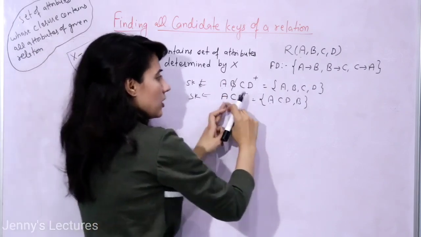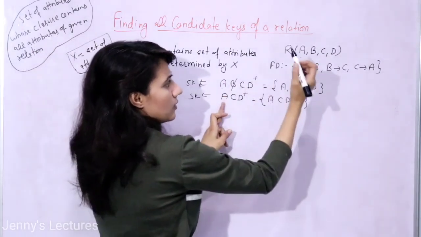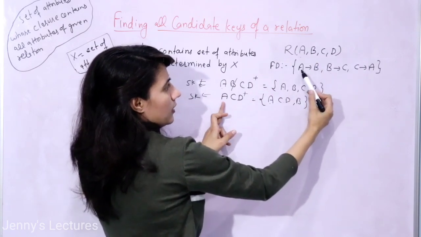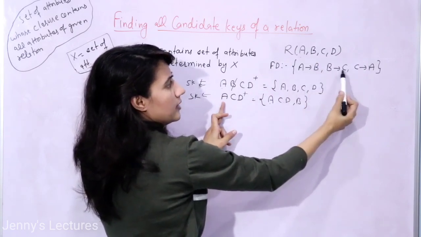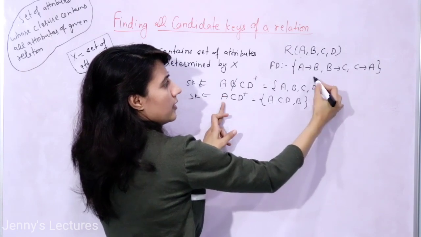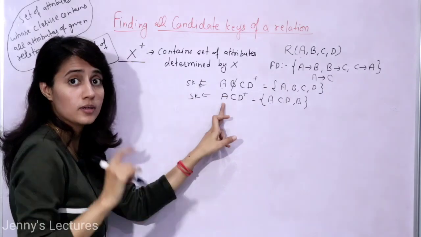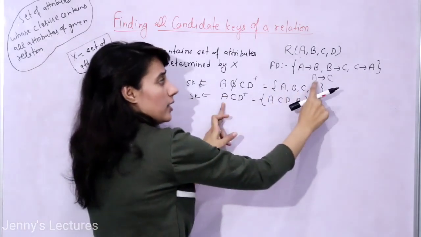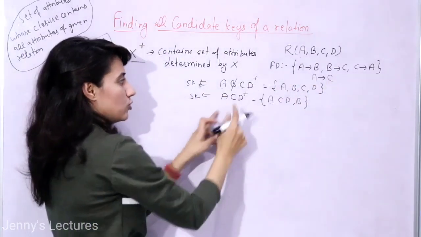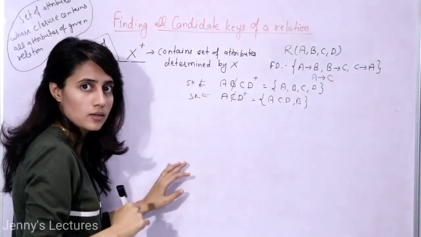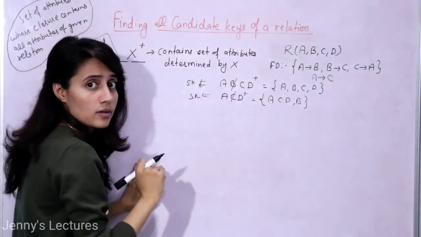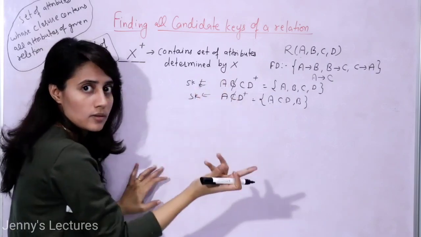Now see, can you discard any other attribute here? See, here A determines B and B determines C. So can I say A will definitely determine C using the transitivity property? Yes. So now if you have A, then you can determine C as well. So from here I can discard C, because I have A. What's the point of writing both A and C?